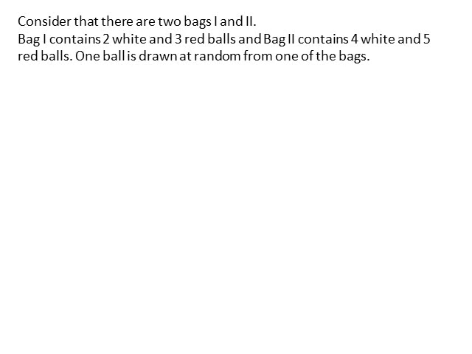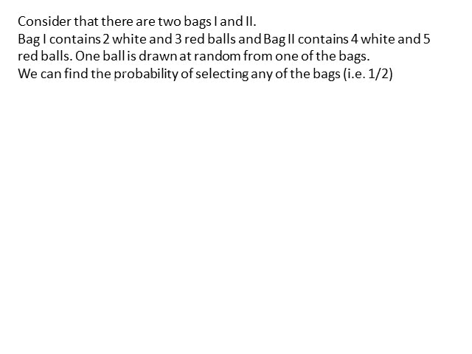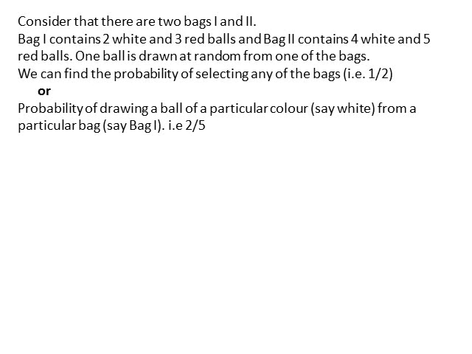Now we are going to discuss Bayes theorem. Consider that there are two bags, 1 and 2. Bag 1 contains 2 white and 3 red balls, and bag 2 contains 4 white and 5 red balls. One ball is drawn at random from one of the bags. Students, we can find the probability of selecting any of the bags, that is 1 by 2.